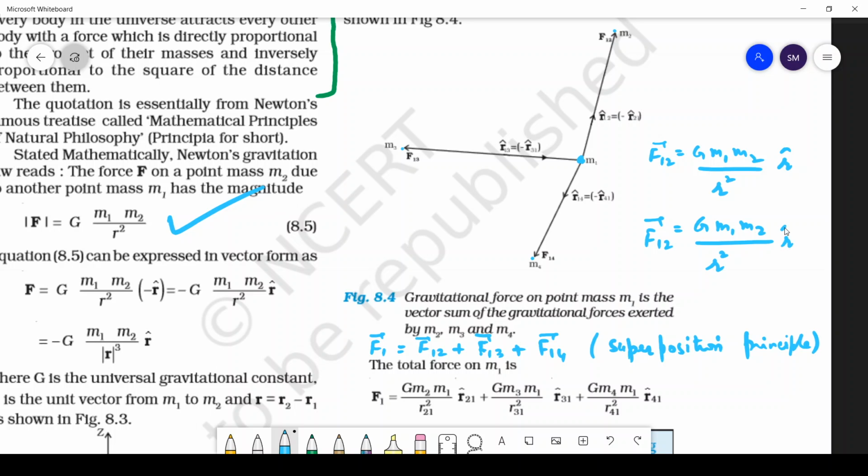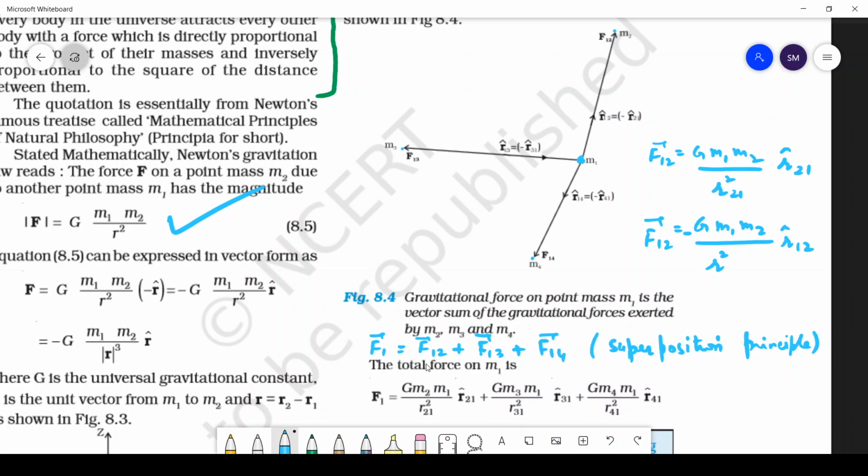This is R cap. Now, do you wish to write it in the form of R21 or R12? If you wish to write it in the form of R21, then it's okay, with a positive sign. But if you wish to write it in the form of R12, then we will have a negative sign over here. Yes, you can verify it. I have discussed it. You can verify it yourself. So that's your choice.